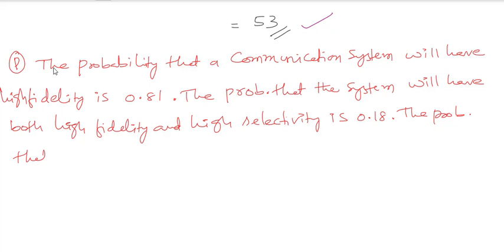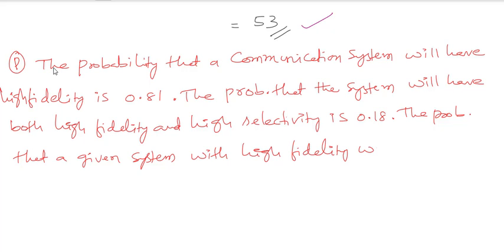The probability that a given system with high fidelity will have high selectivity is dash.